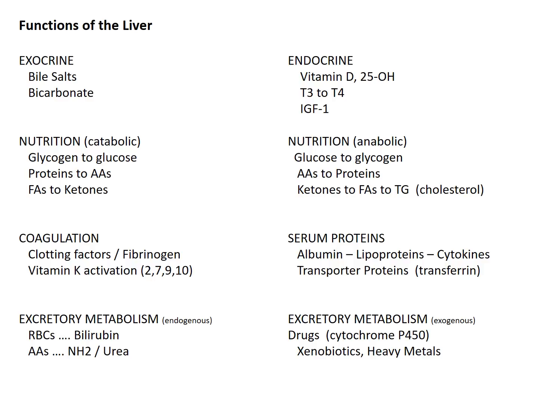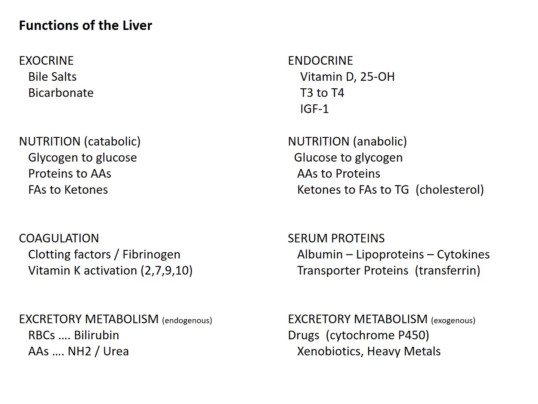The liver makes coagulation factors, so individuals in end-stage liver disease are going to be at risk of bleeding. The liver makes the majority of our serum proteins, including albumin, the lipoproteins that we talked about, such as HDL, LDLs, inflammatory mediators, such as cytokines.